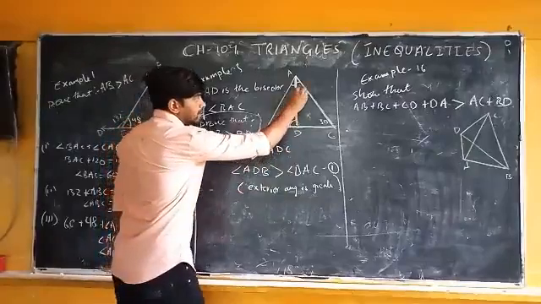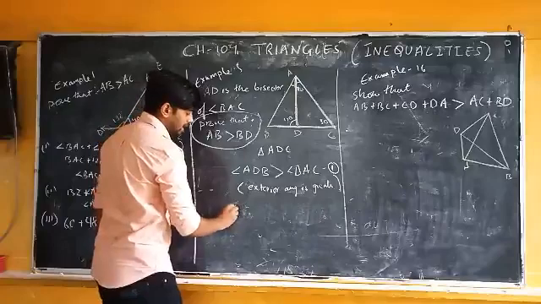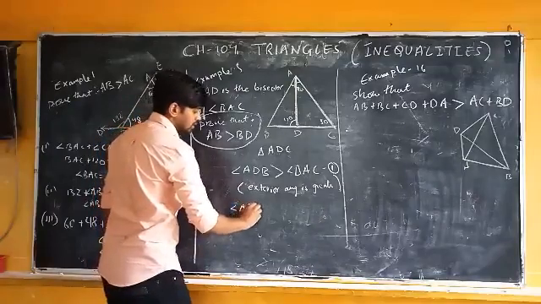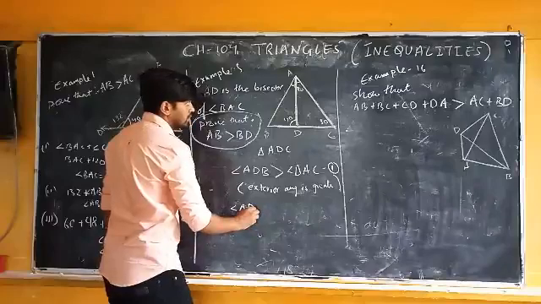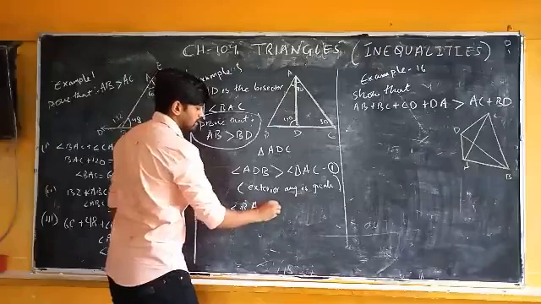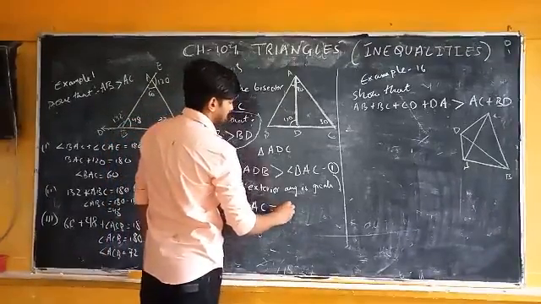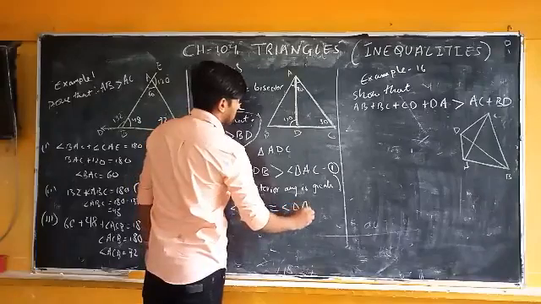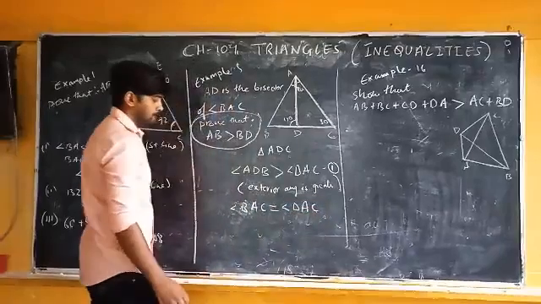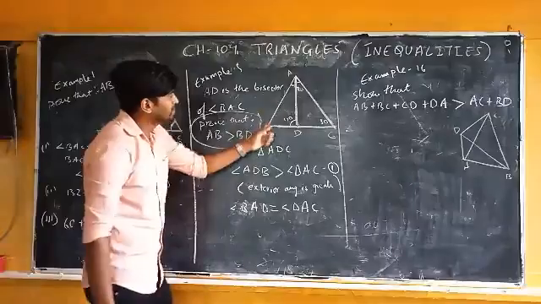Now what I will be looking at, I know that AD was the bisector, so I can write angle BAD is equal to angle DAC.